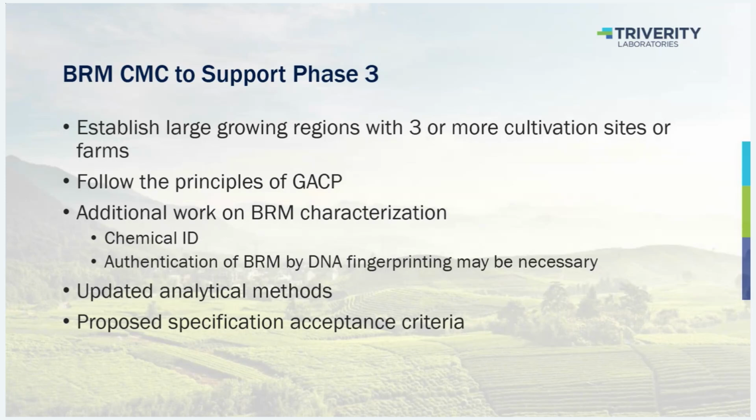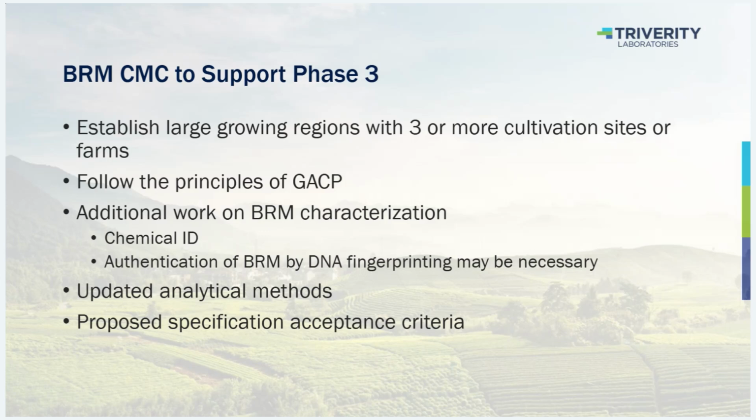So the BRM chemistry manufacturing controls to support phase 3, again, establish large growing regions with 3 or more cultivation sites or farms. You want to follow the principles of GACP, which is good agriculture and cultivation practices. And you should do some additional work on your BRM, or you should have done already some additional work on your BRM characterization.